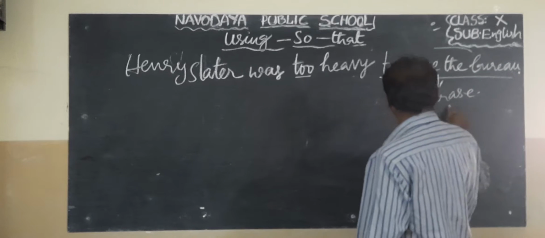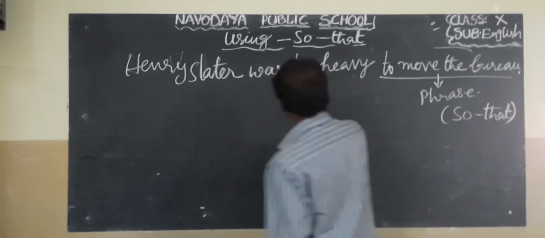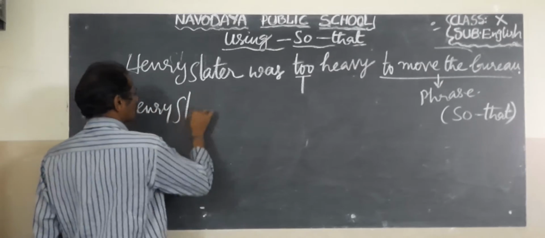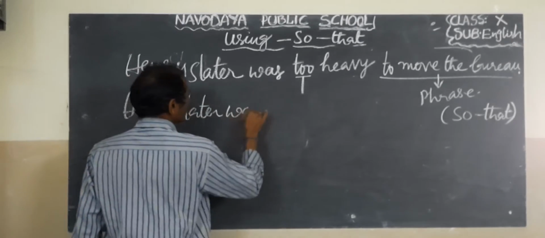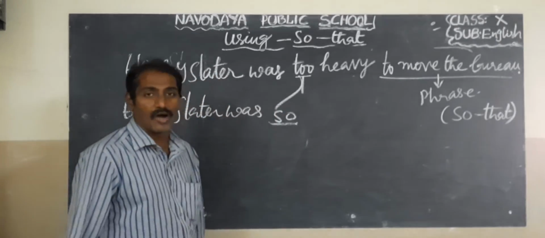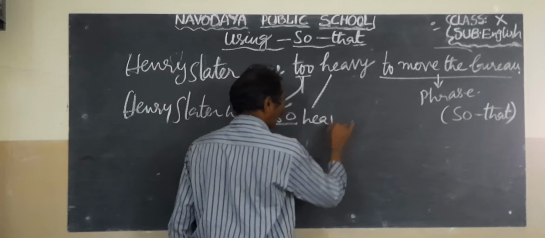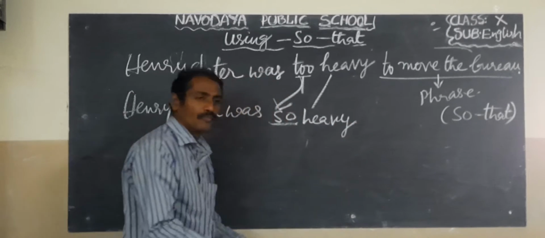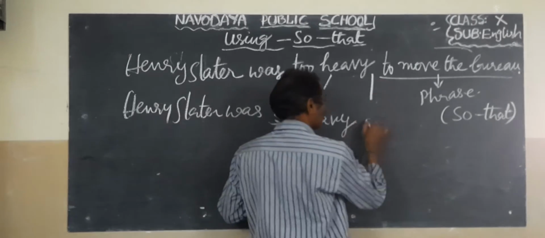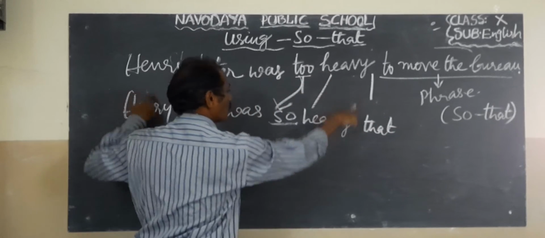So using "so that" here: Henry's ladder was so heavy. "So" is used in the place of "too", which means very. So heavy. The conjunction is "that", so the first part of the sentence should be finished here.